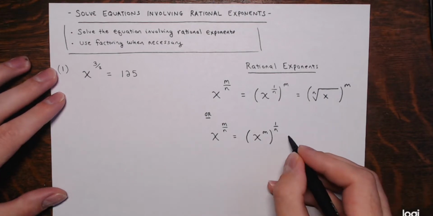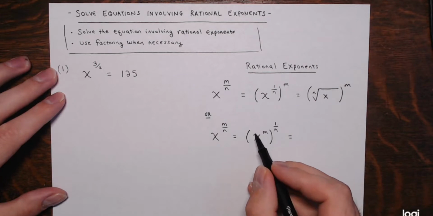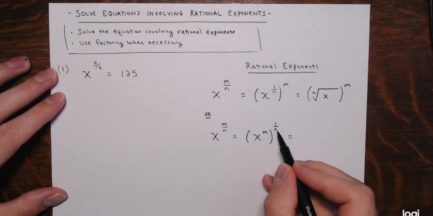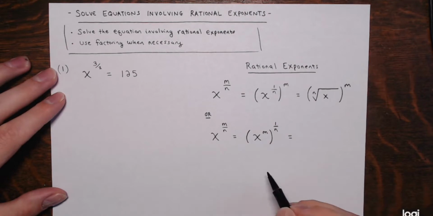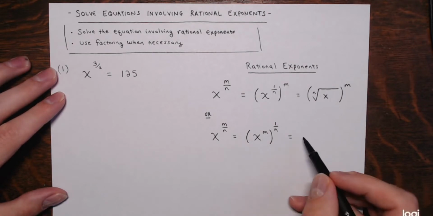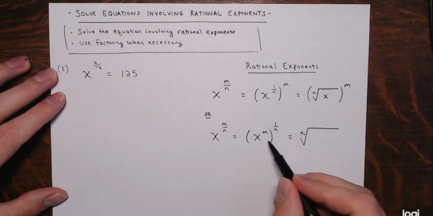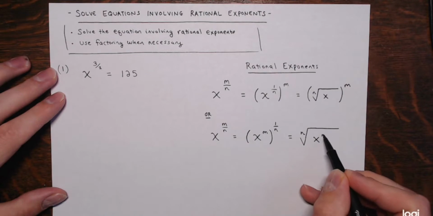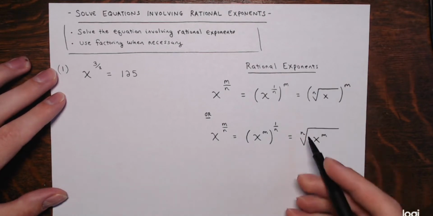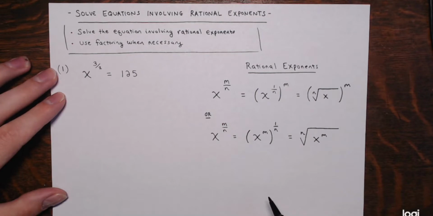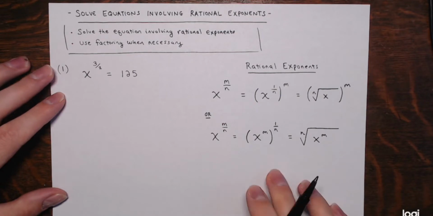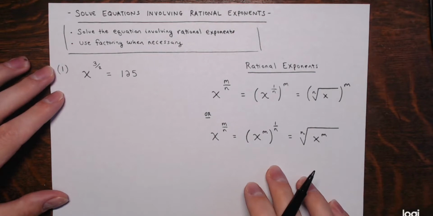And once again, something raised to the 1 over n power can be expressed as an nth root, a radical. So this is equivalent to the nth root of x to the mth power inside. Either one of these is acceptable, as long as the roots are able to be taken. We're going to be considering finding the real number solutions of these particular equations.